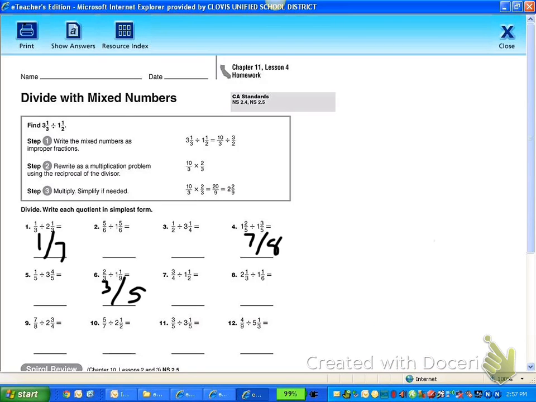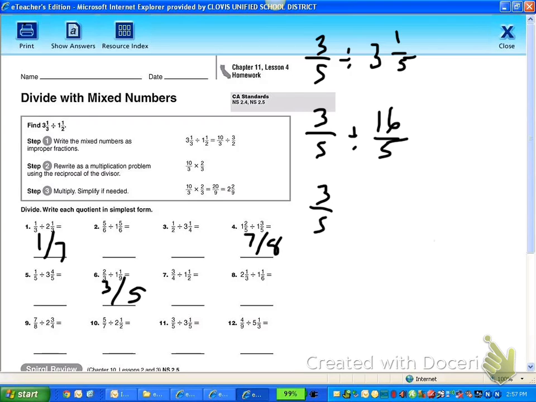Number 11, 3/5 divided by 3 and 1/5. So I'm going to have 3/5 divided by 16 over 5. Keep. Flip, change.